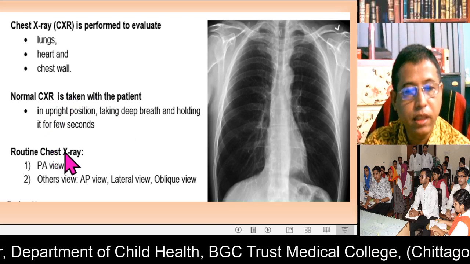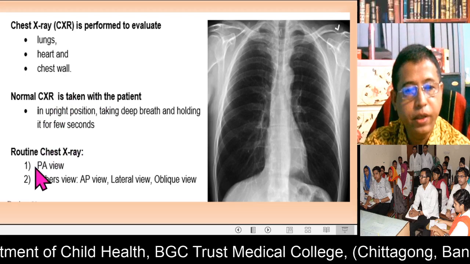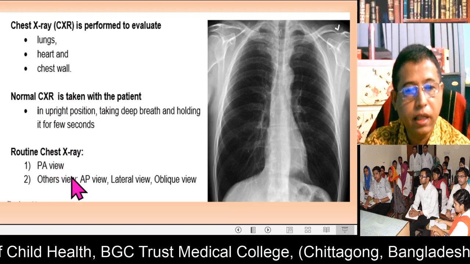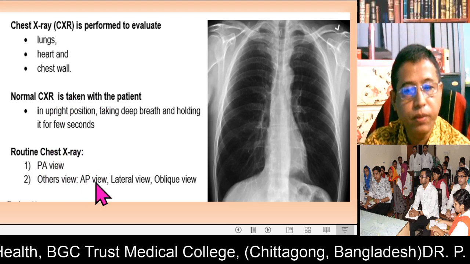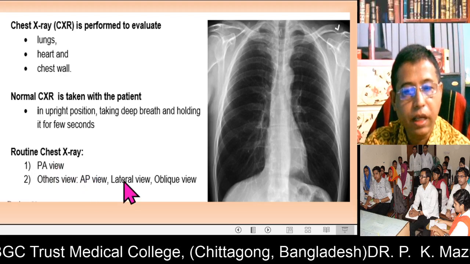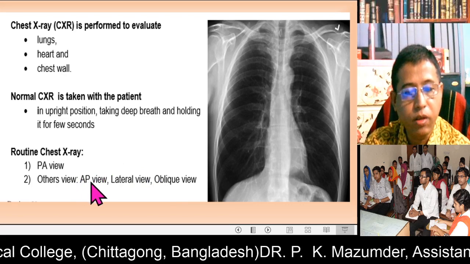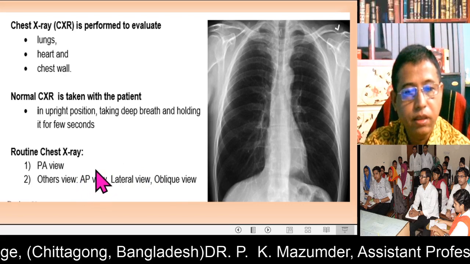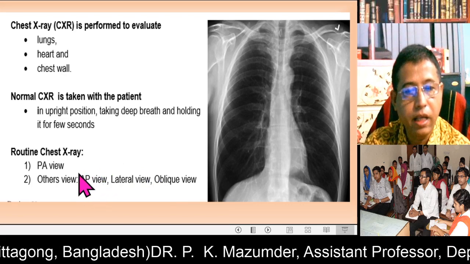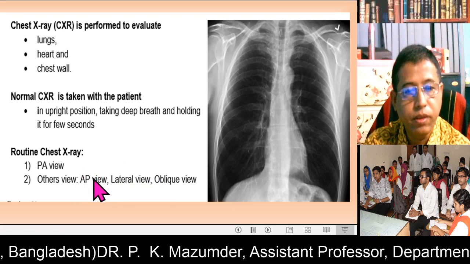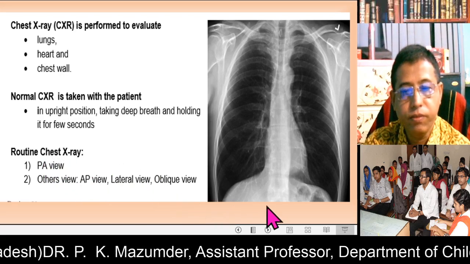Routine chest X-ray is done in posterior anterior view, PA view, and other views are anterior posterior view or AP view, lateral view and oblique view. In small children who cannot stand, chest X-ray is usually done in AP view instead of PA view.